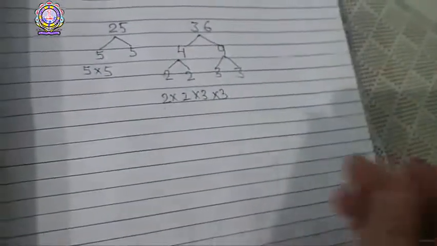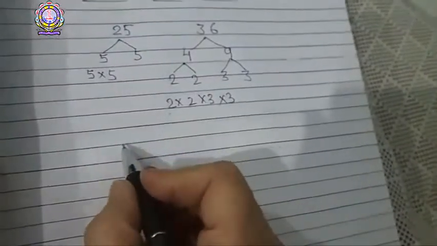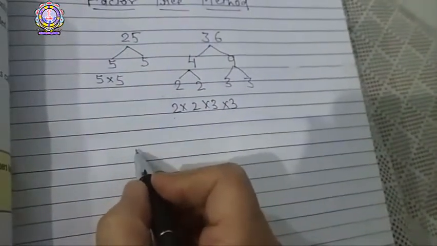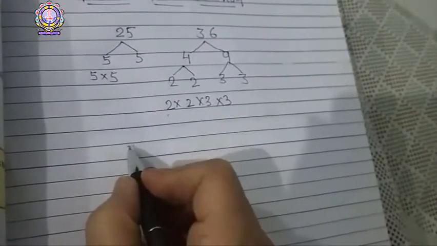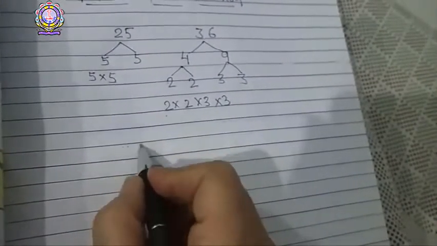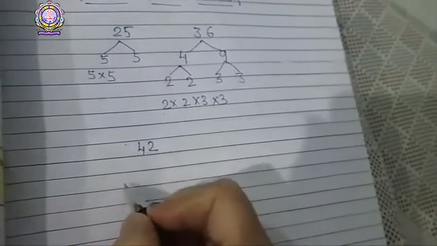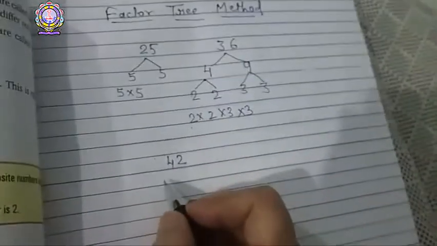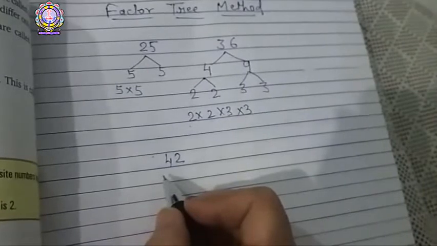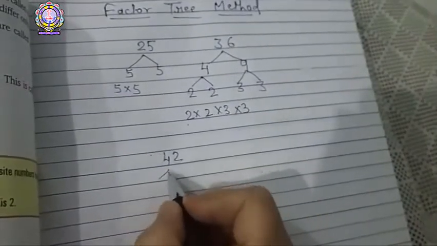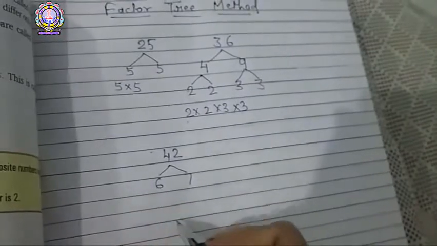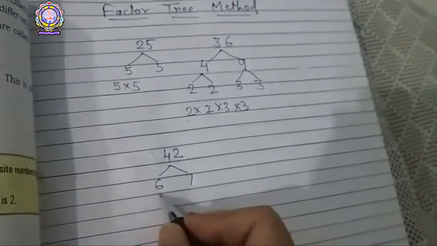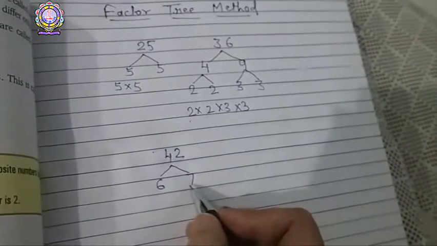Let's see another example. 42. Break 42 into two factors. 6 7s are 42. 6 is a composite number and 7 is a prime number.